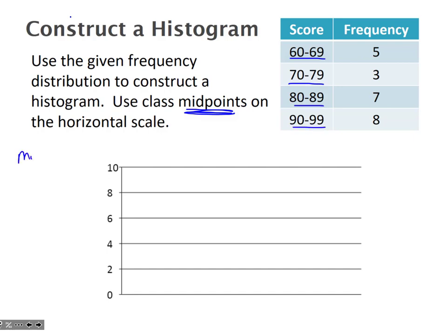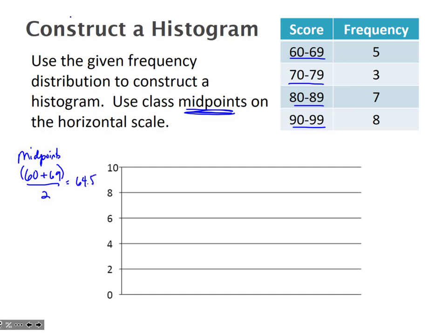If you remember how to find a midpoint, I'm going to write it over here on the left side of the screen. We take the limits, 60 plus 69, and divide that by 2. Remember, you either need to use parentheses or turn it into 2 steps, and that'll give us 64.5.